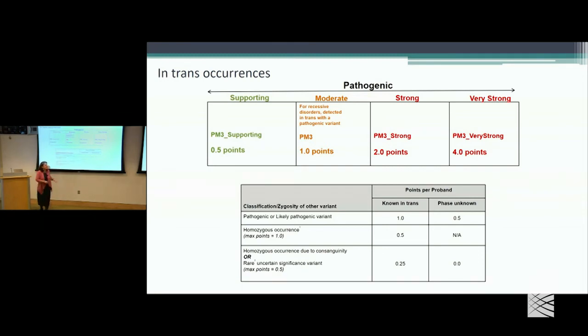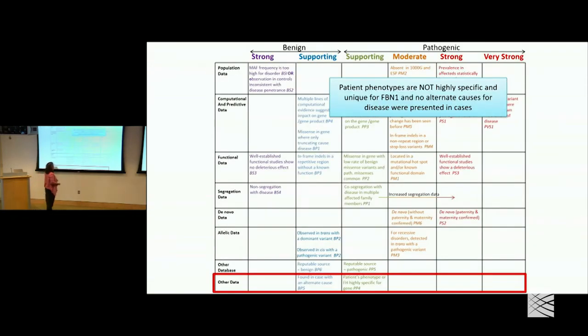I'm not going to go through all of this, but trying to give more guidance as to how to apply the PM3 rule with different levels of strength based on the numbers and types of observations of in-trans occurrence. So getting a little more sophisticated. This is our hearing loss group that's doing this.